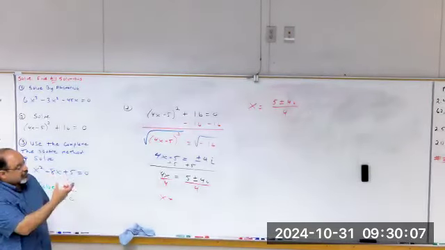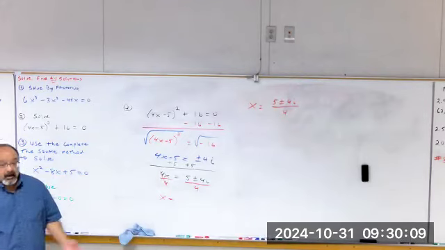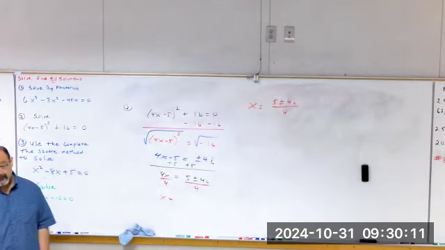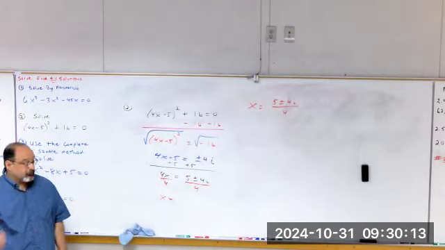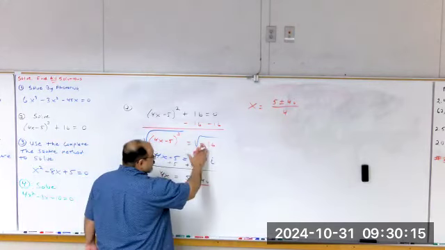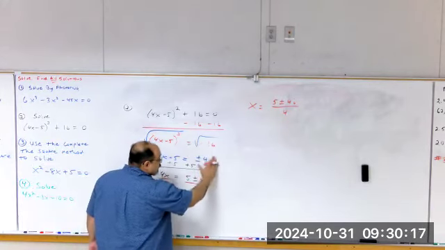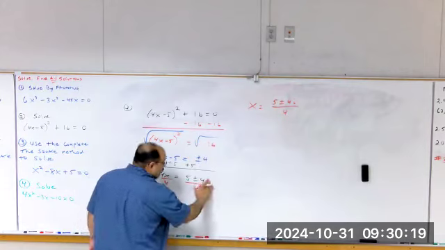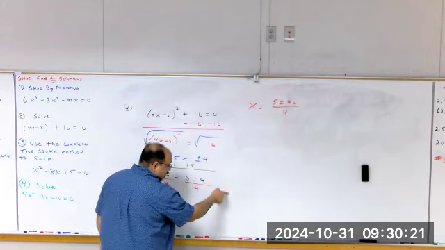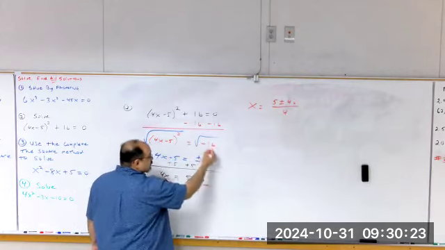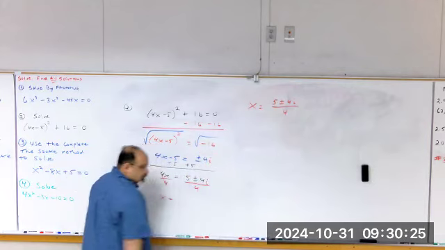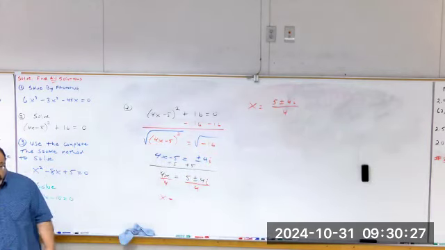If I could actually add 5 to the 4i, I would have to keep going, and I can't. If this was a positive 16, this would just be a 4, so I could actually add the 5 and the 4 together. But I can't because it's an i. So I don't have to add the 5 and the 4.